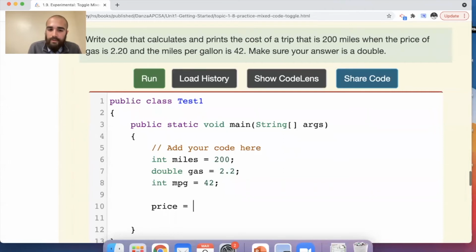Okay, let's do it. So you're saying divide miles by miles per gallon. And then once I have the miles per gallon, I figure out what the price is for gas, multiply it by gas. And do I need to cast anything?